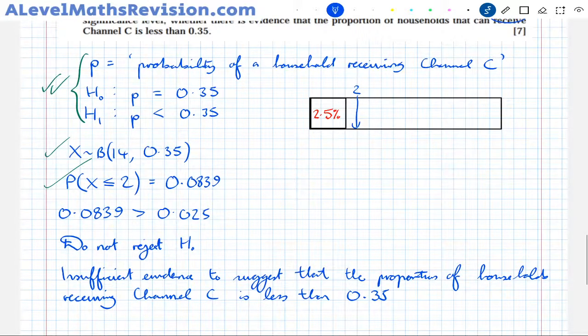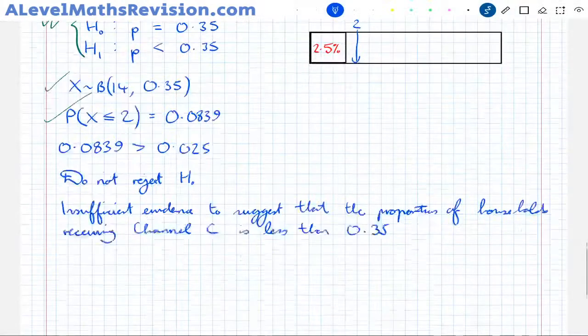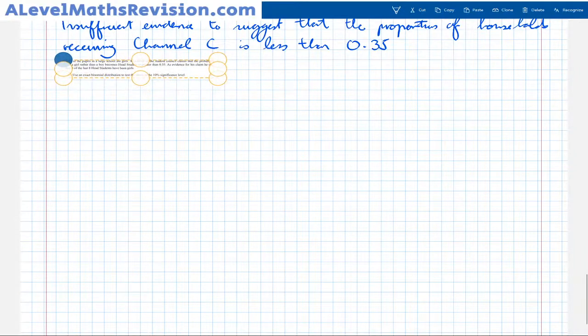So we'll do another. I'm taking this particularly slowly because this is a difficult concept to get your head round.